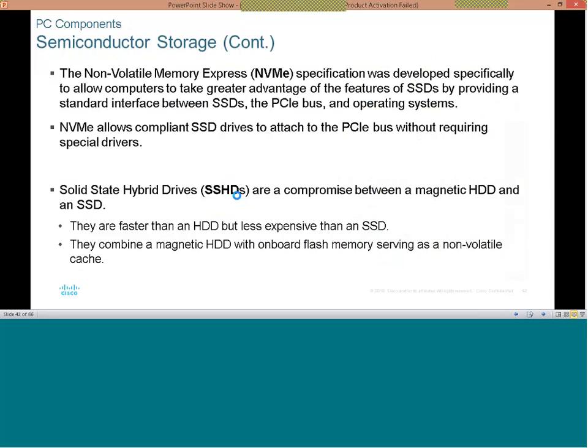So still on data, we have Non-Volatile Memory Express. This was developed specifically to allow computers to take greater advantage of the features of SSDs by providing a standard interface between your SSD, the peripheral computer interface bus, and the operating system.